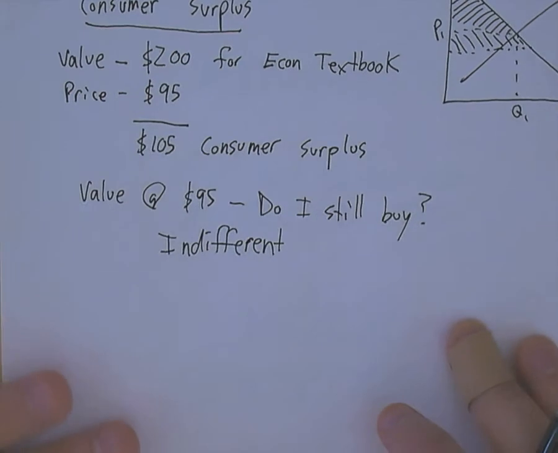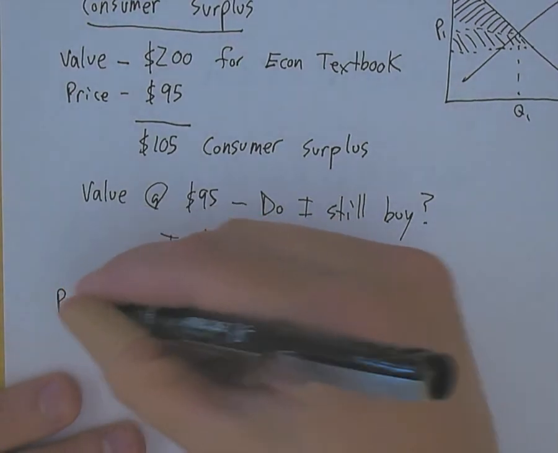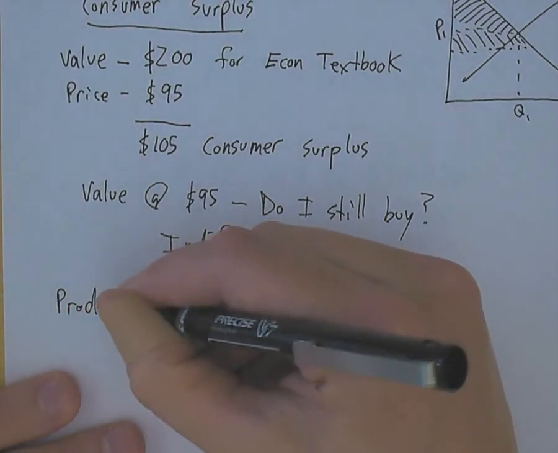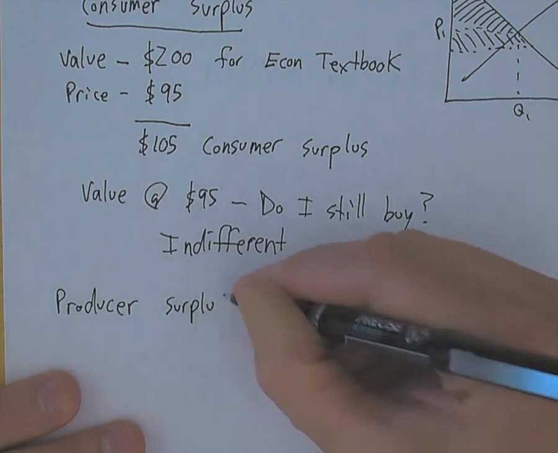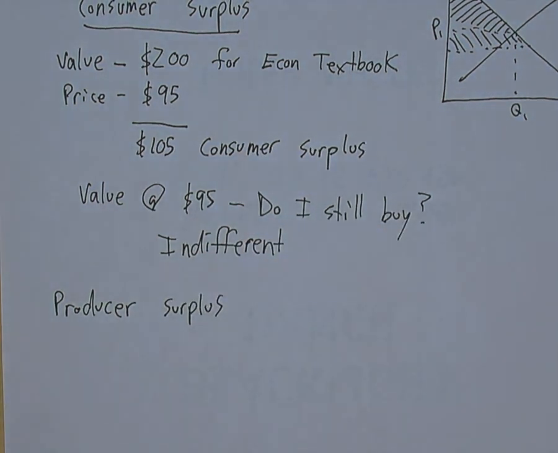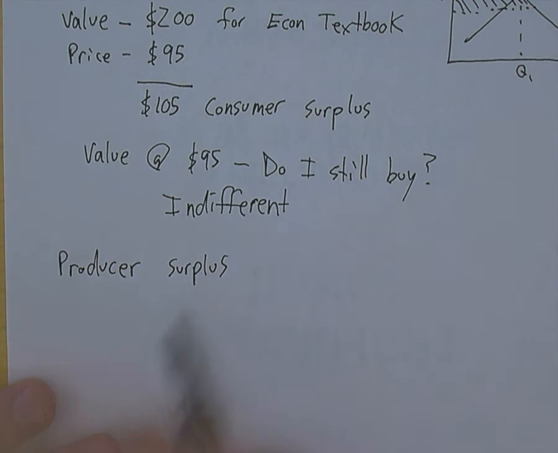That's one half of this chapter. The second half is producer surplus. A way to think of producer surplus is the profit a firm makes from selling a good or service. It is the price the firm gets minus the cost of production, which is another way of saying it is your profit, total revenue minus your costs. So let's stick with this textbook example.